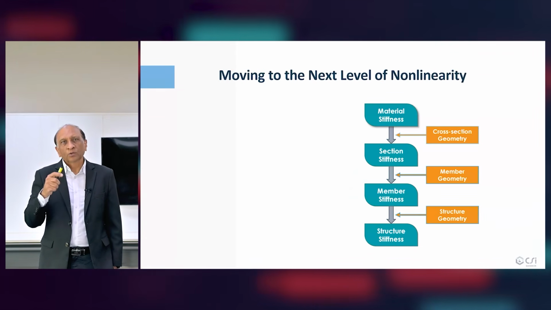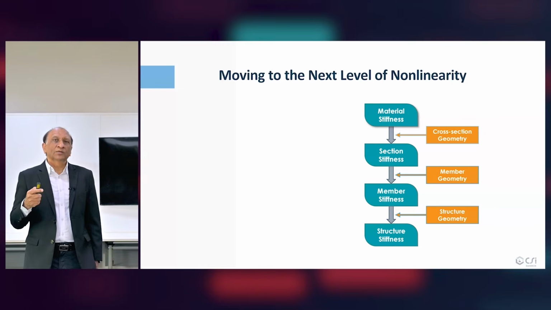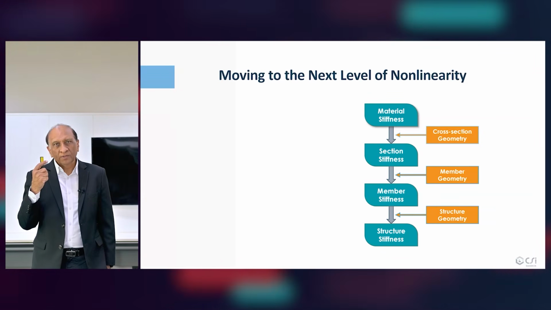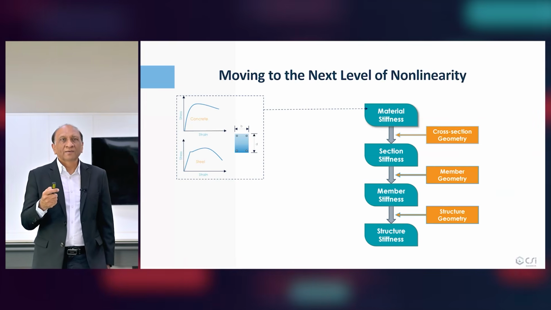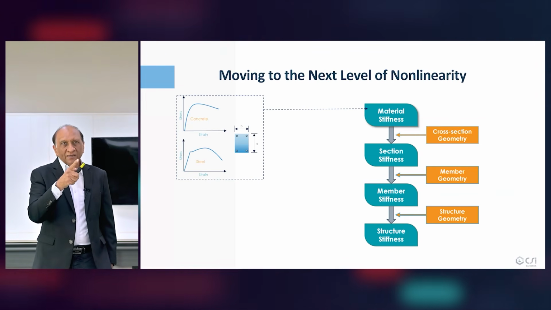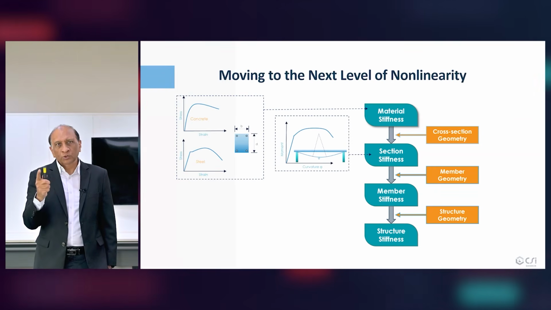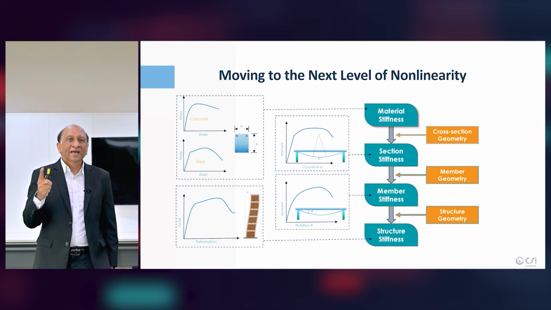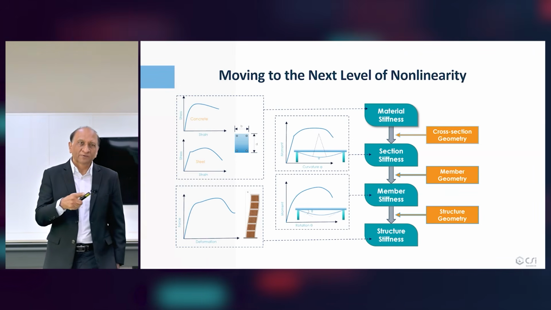And similarly, for the whole structure, we can now do the nonlinear modeling by creating a moment curvature curve based on the material's stiffness, which is nonlinear. The stress strain curve goes to the moment curvature curve, moment curvature goes to the moment rotation curve, and the moment rotation curve goes to the load deformation curve.